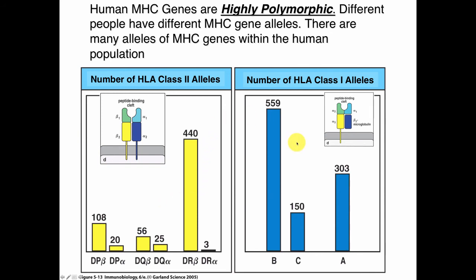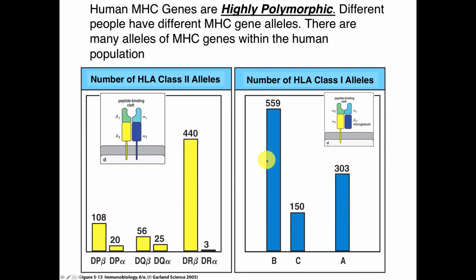And so just to start off with MHC class I, because it's a little simpler nomenclature in people, MHC class I, again, is what we refer to as HLA, and there are three main types of MHC class I in people: HLA type A, HLA type B, and HLA type C. And you can see for each one of these genes, there are a lot of different alleles in the population. And this is a slide that's several years old now, and so there are more alleles that have been identified over the last 10 years or so.